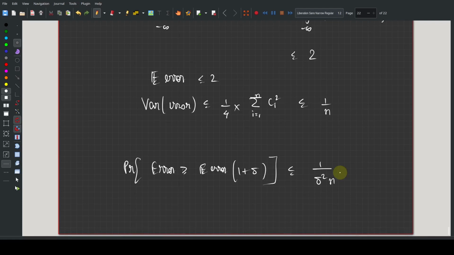All right. But in fact, we can do much better because we can use McDiarmid's inequality to get an exponential tail bound for this particular quantity. At the very least, just using the variance, we can derive a Chebyshev type inequality.